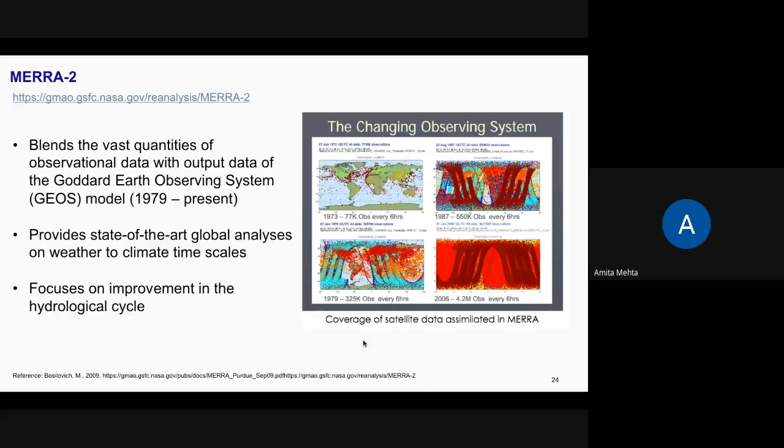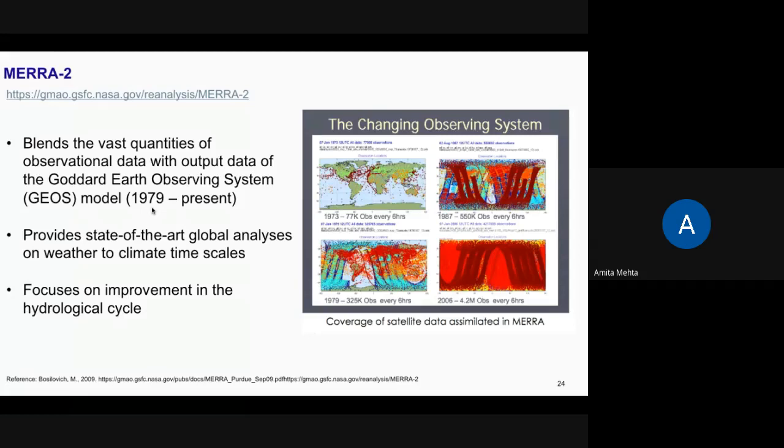Okay, so brief information about MERRA. What it does is blend vast quantities of observations from satellites, available all the way back from 1979 to present. Over the years, the observing system has changed, as you can see. Before, from 1973 to 77, no satellite data were there, just in situ, surface-based data used for assimilation.